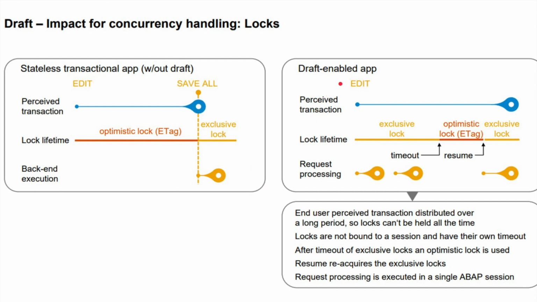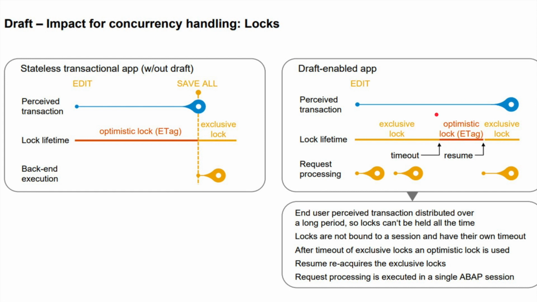So what if our application is draft enabled? The same kind of scenario, let's take an edit. When you click on the edit button in draft enabled mode, the exclusive lock will happen because you are editing the particular real instance, right? After some time, say you leave that instance and you are doing some other work. Then the exclusive lock will expire. After that, your optimistic lock will be set.